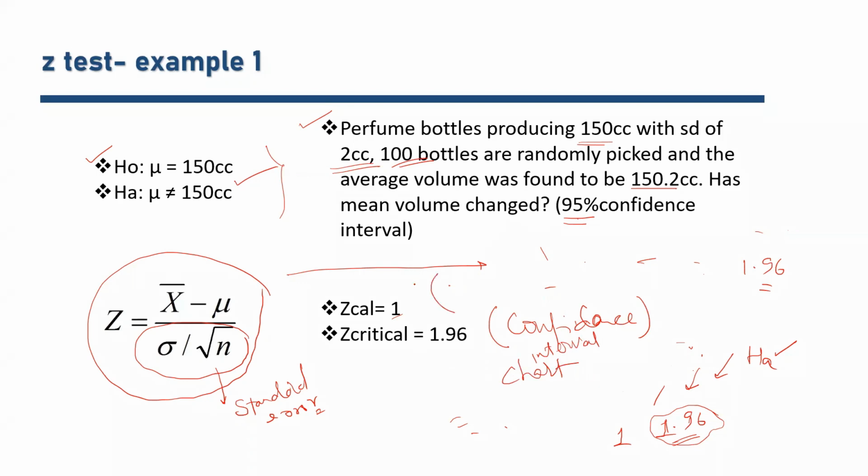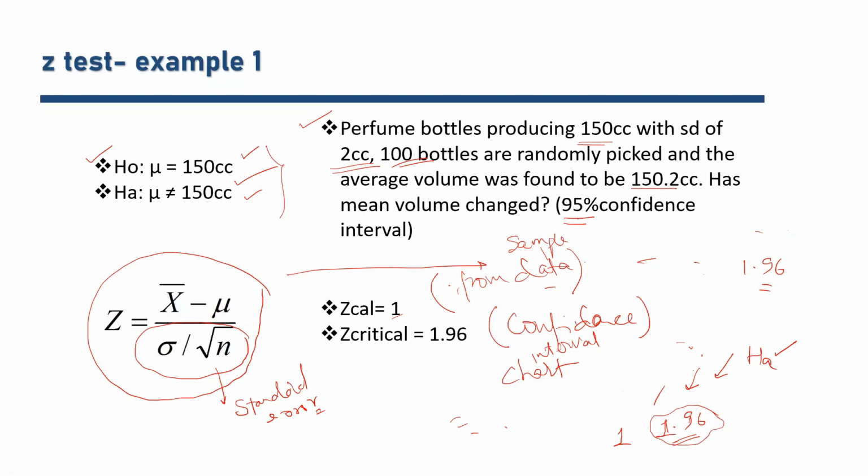Okay, and Z calculated is something which is calculated from the data, and you compare what you get from the sample data with the Z critical value of the chart. Okay, and based on that you decide whether to accept the null hypothesis or reject the null hypothesis.